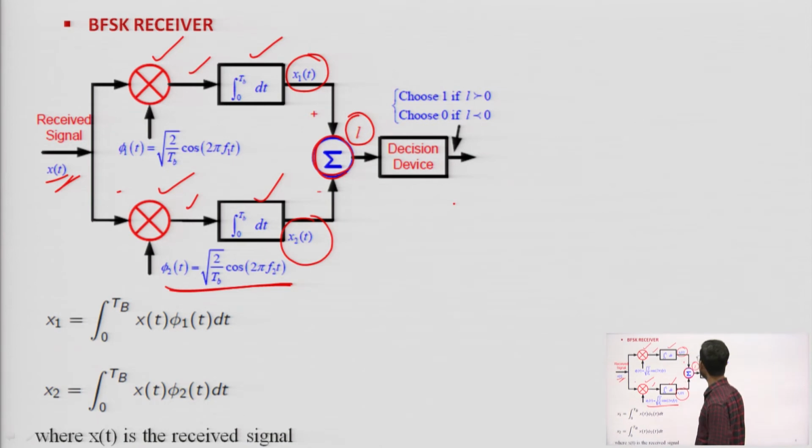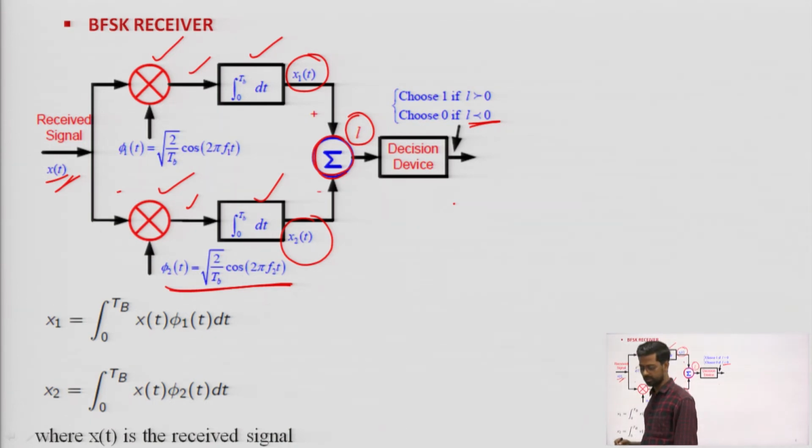The decision device will choose 1 if L is greater than 0, and it will choose 0 if L is less than 0. This is the decision device condition.